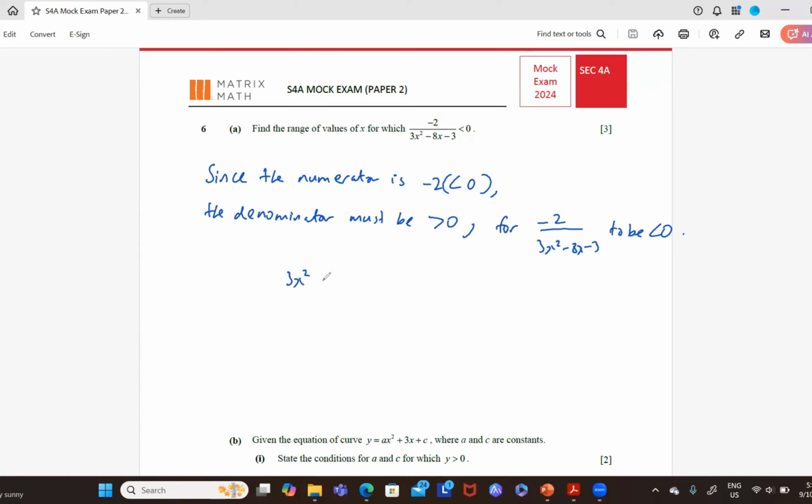So write down 3x squared minus 8x minus 3 has to be more than 0. Factorize this, you get 3x plus 1, x minus 3 to be more than 0.